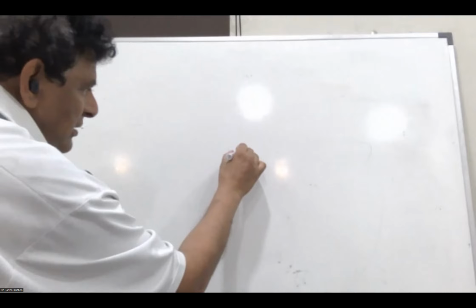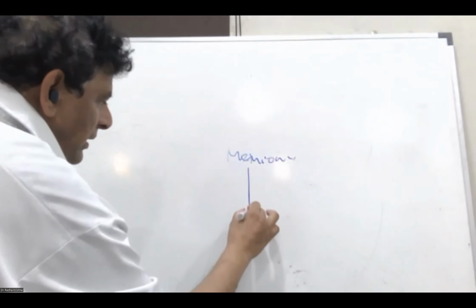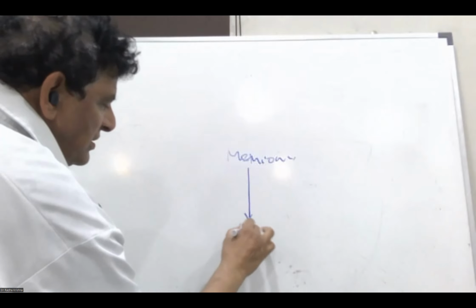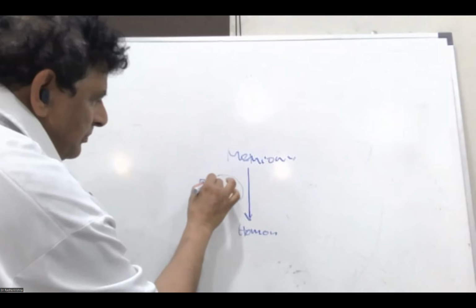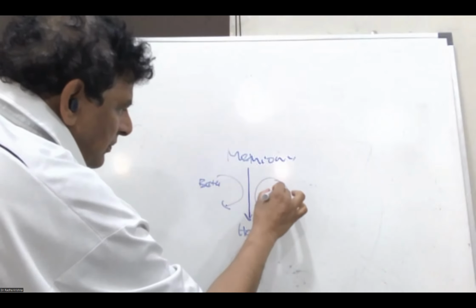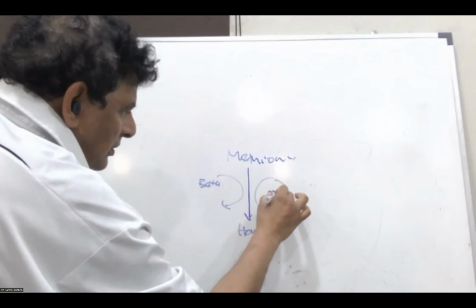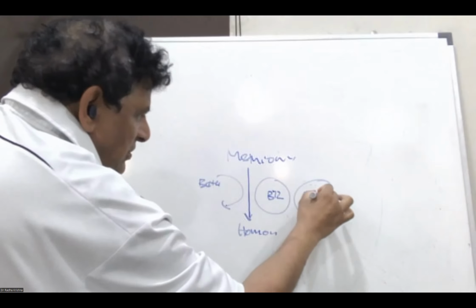This is methionine, and it requires homocysteine. This requires betaine, and this requires B12, and it requires B9. B9 is folic acid.